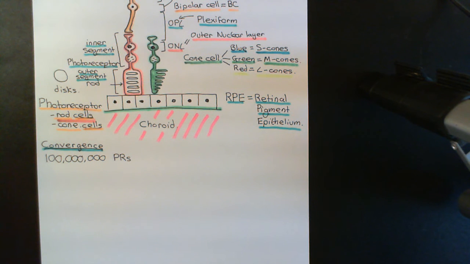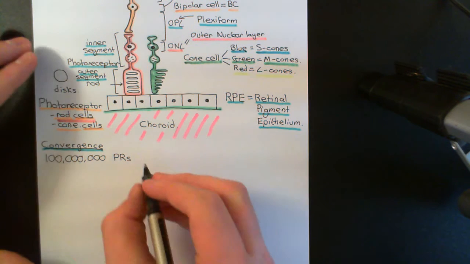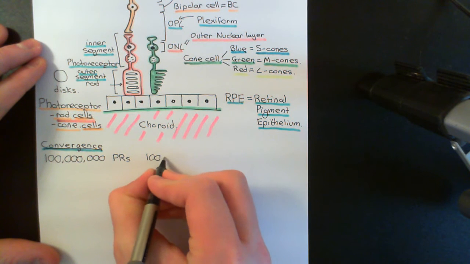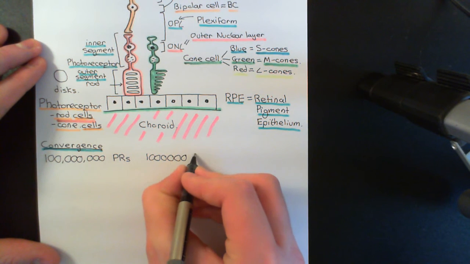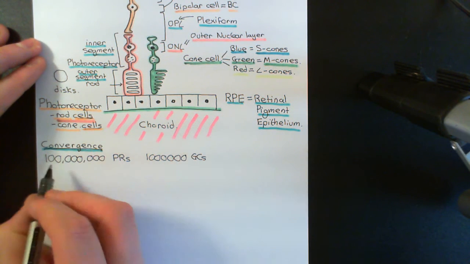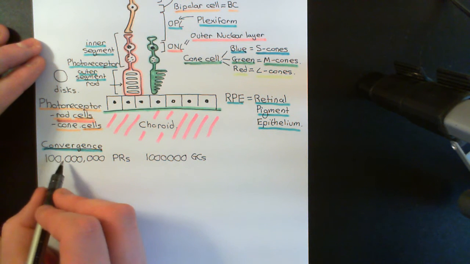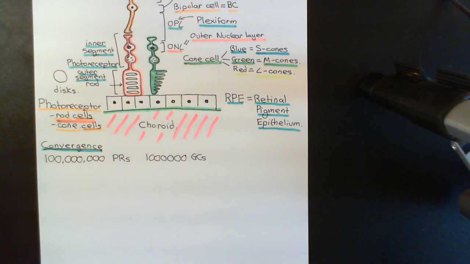Well, from what I've told you at the moment, your guess would be that there would have to be 100 million ganglion cells as well, because every photoreceptor, as far as I've told you so far, has its own bipolar cell, which then has its own ganglion cell. That is wrong. Instead, there are 1 million ganglion cells. So that means that there are 100 times more photoreceptors than ganglion cells.